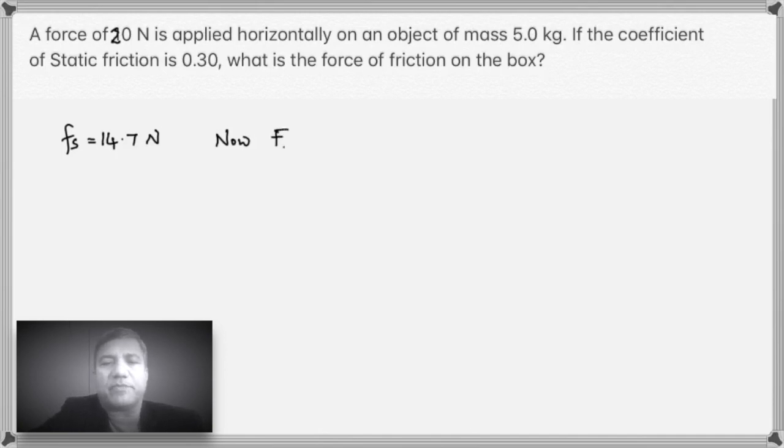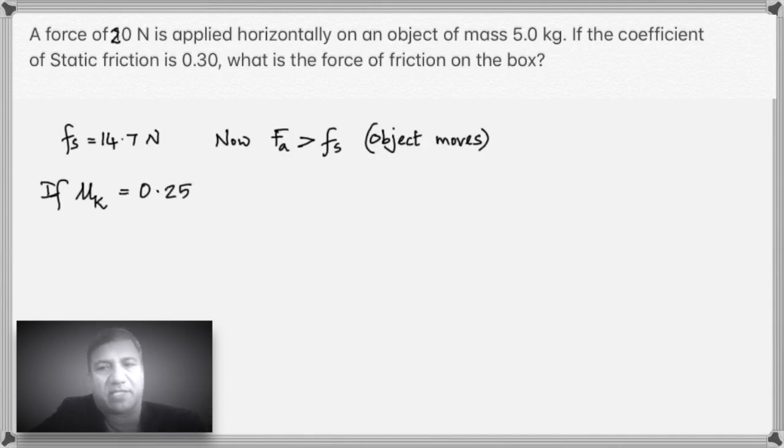And I just want to move this faster. Now the applied force 20 newtons is more than static friction. So like I said, the object must move. And when the object moves, it's no longer static friction, but kinetic friction that comes into effect. So in order to work out this problem, you need the coefficient of kinetic friction, which will be given.